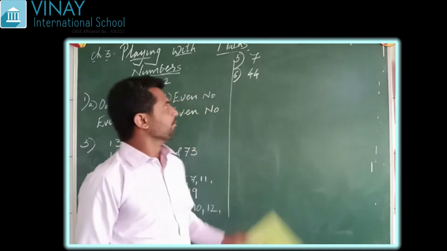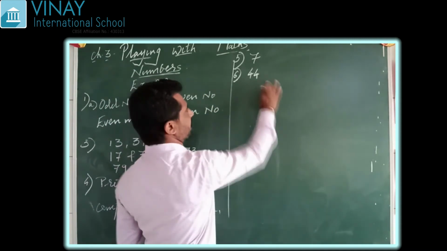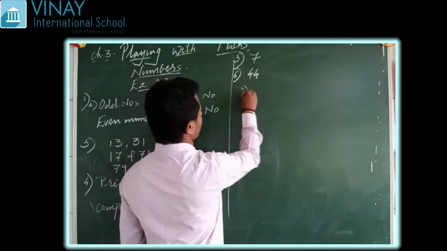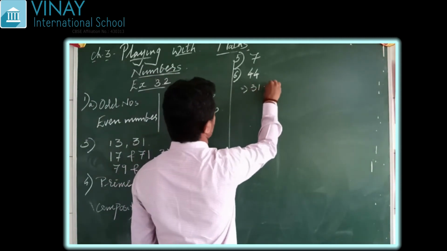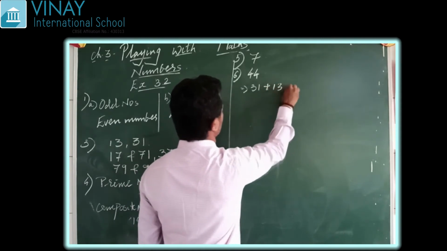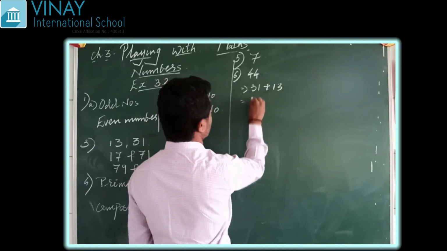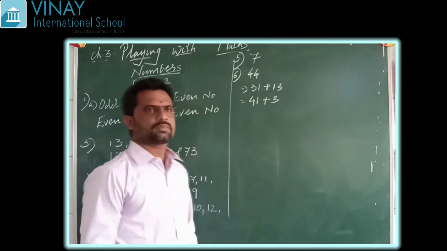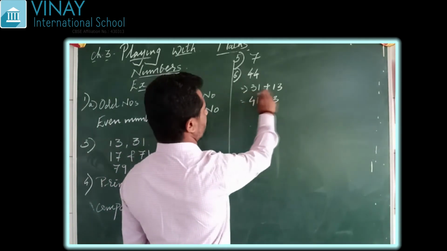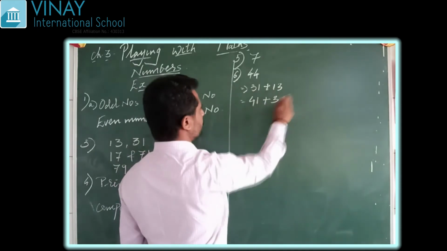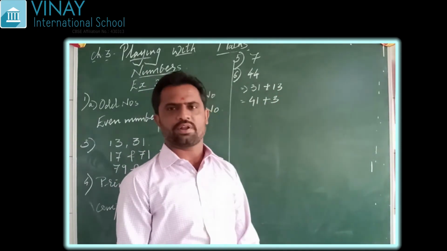44. We need to express this as the sum of two odd primes. We can write here 31 plus 13, or you can say it will be 41 plus 3. We need to see that both should be odd, both should be prime, and the sum should be 44.